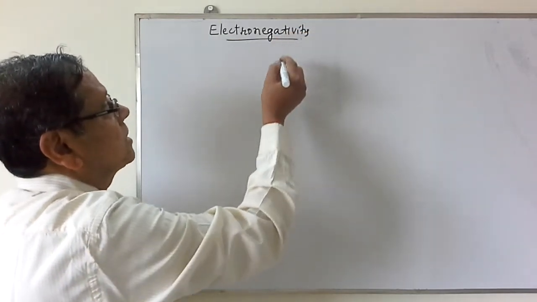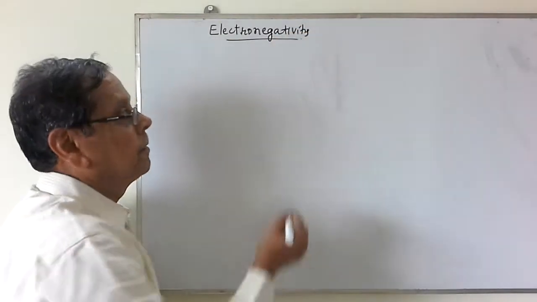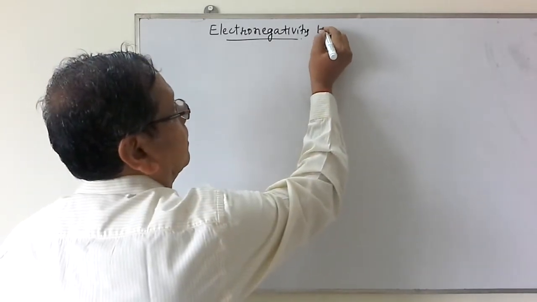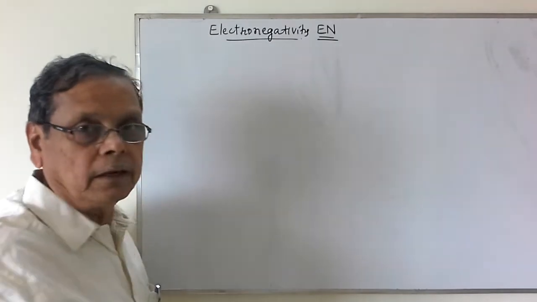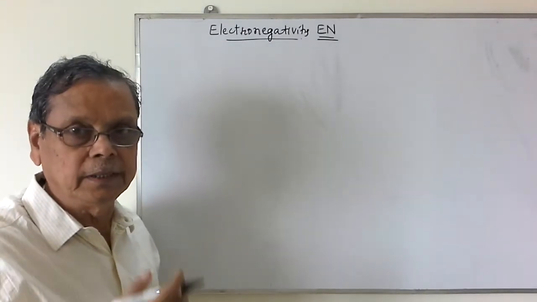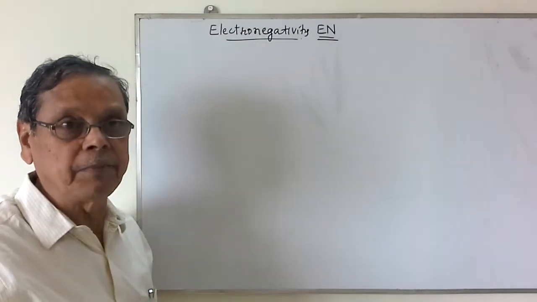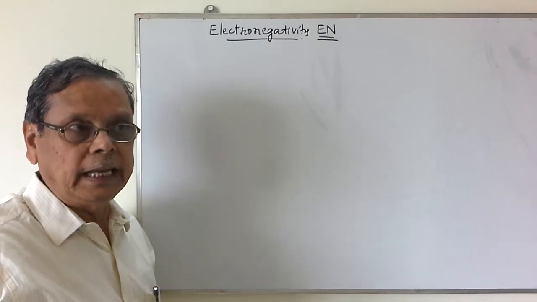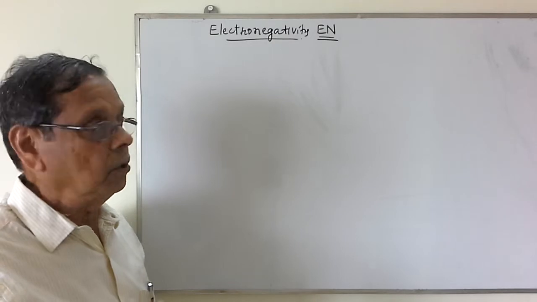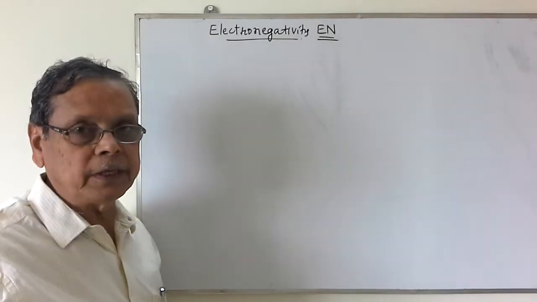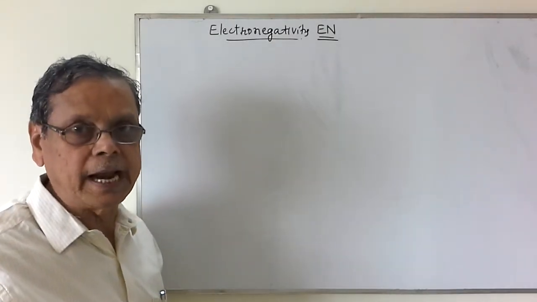When we consider this electronegativity, it is actually a comparable property, not for the individual atom. It is actually used for the comparison of the electron attracting tendencies of the different elements. So, the other three properties are absolute for the particular atom.